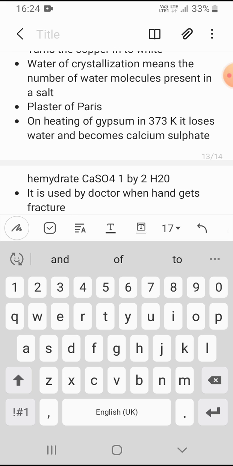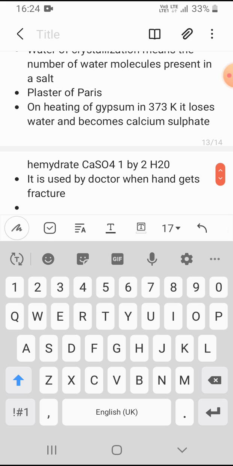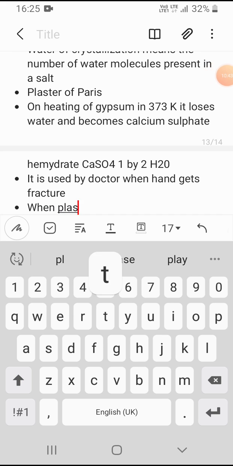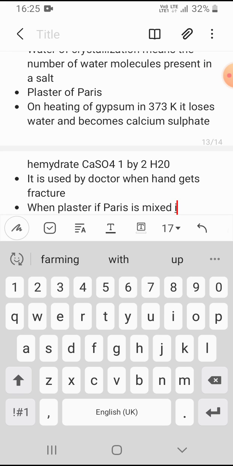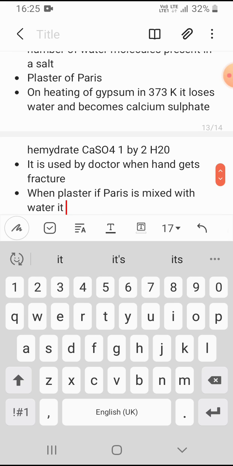It will be too hard. You may have seen this. Plaster of Paris is a powder. When it is mixed with water, it becomes gypsum.